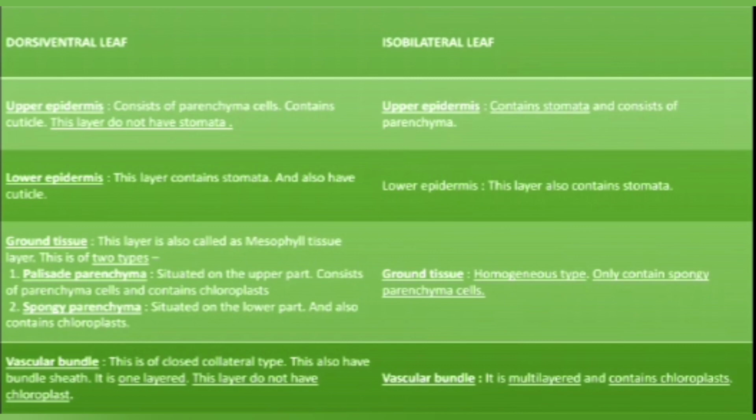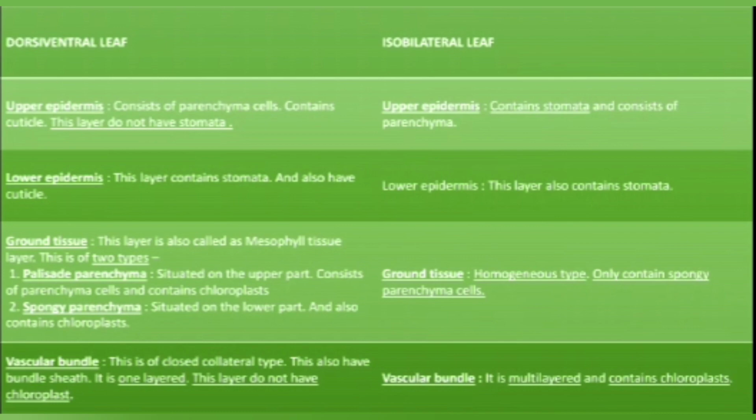The ground tissue of the dorsiventral leaf consists of two different layers, the palisade parenchyma and the spongy parenchyma. The palisade is situated on the upper part and the spongy parenchyma is situated on the lower part. The ground tissue consists of mesophyll tissue, but in the isobilateral leaf, the ground tissue is homogeneous type and only contains spongy parenchyma cells.